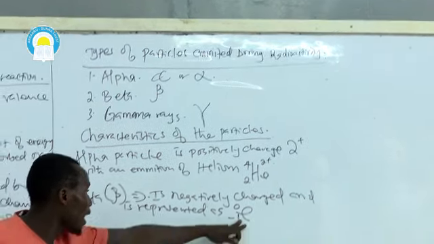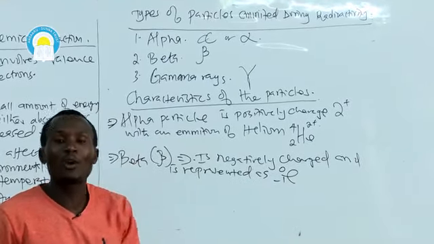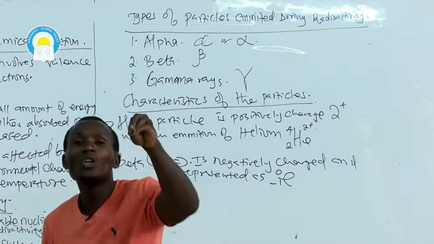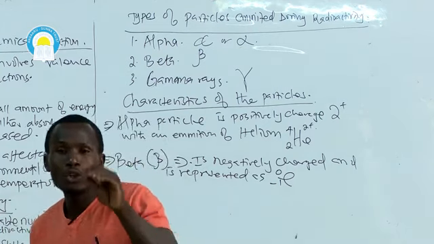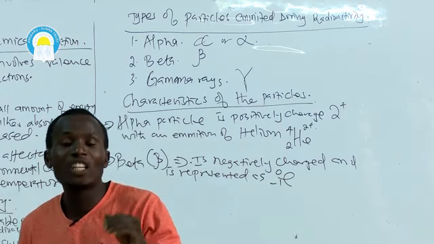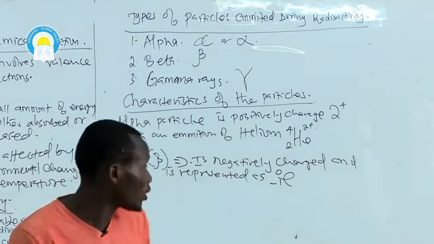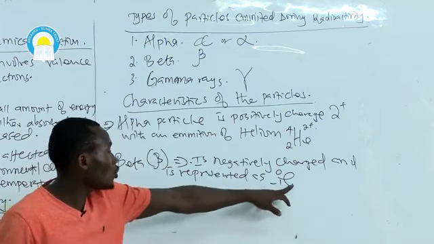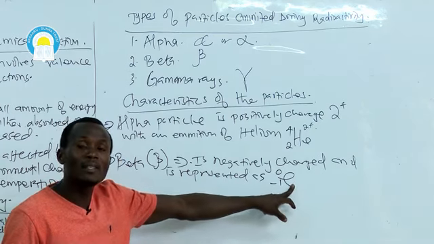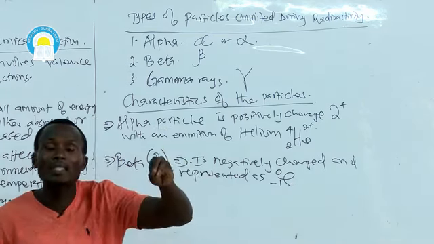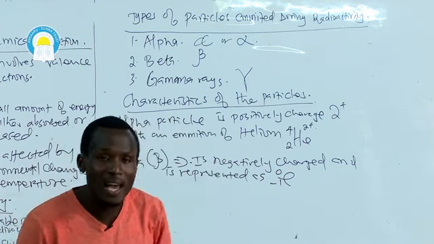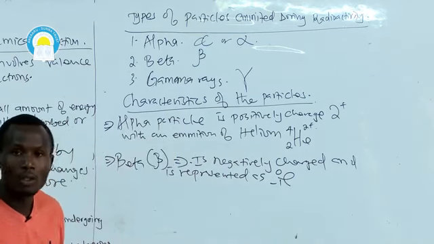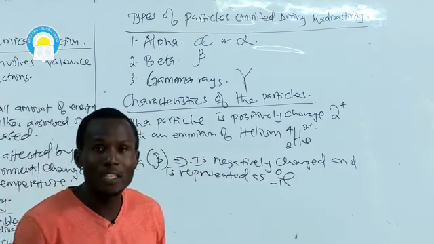This electron here does not originate from the valence electron, but it originates from the nucleus. When a neutron is emitted and is being converted to a proton, that is what results in this electron. So the electron being given out represents an electron from the nucleus and not from the valence electrons. It is a result of a neutron being converted to a proton.